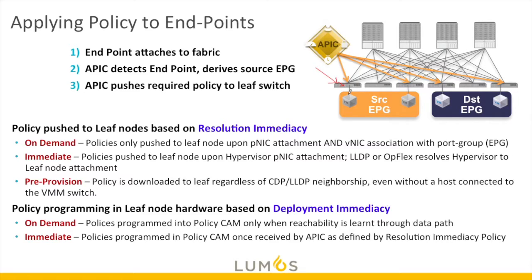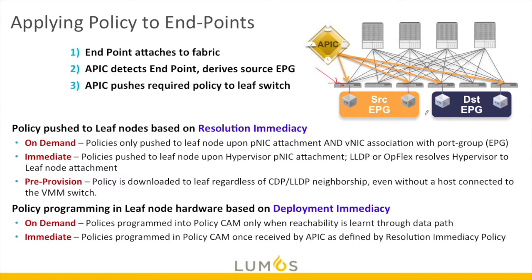Just because we know about an endpoint doesn't mean we have to publish the policy for that endpoint or that endpoint group into a given node. If you're familiar with the Nexus 7Ks, they do VLAN pruning. So if a line card does not have any ports associated with, say, VLAN 100, then the CAM and TCAM entries for VLAN 100 are not programmed into that line card, allowing that line card to preserve its TCAM space.